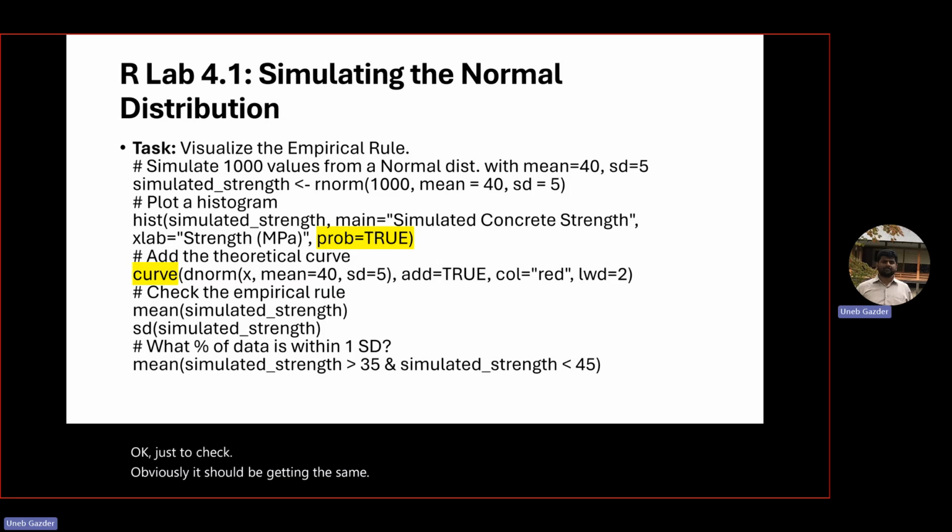And this will give you the percentage of values within your data. They are doing plus or minus 1 standard deviation. What percentage will you get? 68%. And if you do 2 times, then 95%, right?